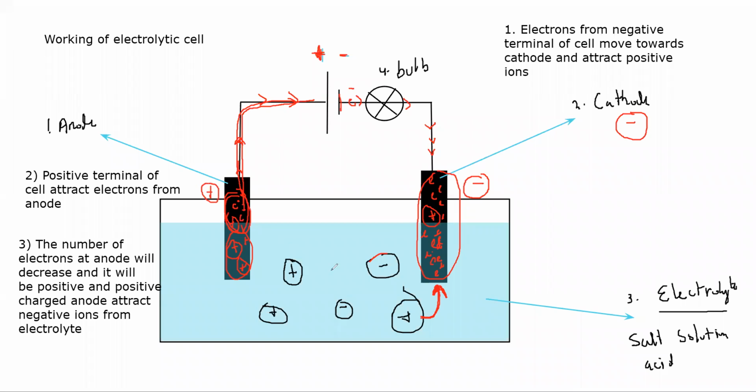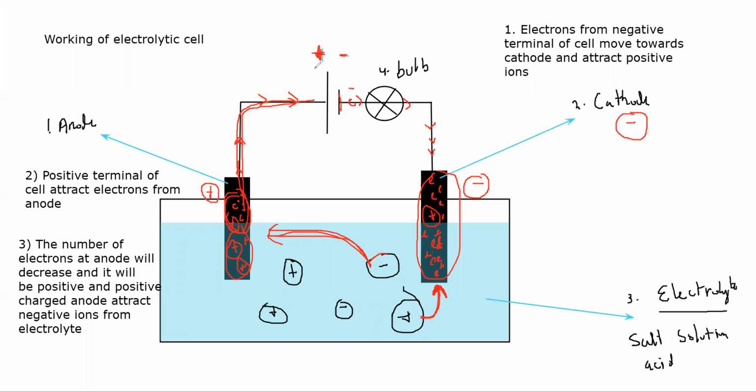As the anode becomes positively charged, what will happen? It will attract the negative ions from the electrolyte. Is it clear, the working of the electrolytic cell? The movement of the charges. So you have a positive terminal and a negative terminal of the battery. The negative terminal supplies electrons to the cathode, so the cathode becomes negatively charged.